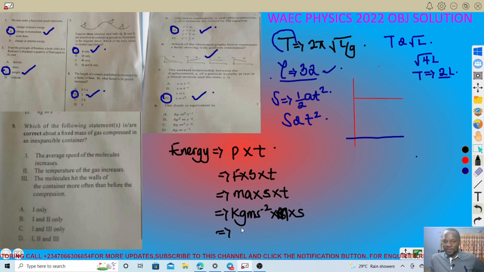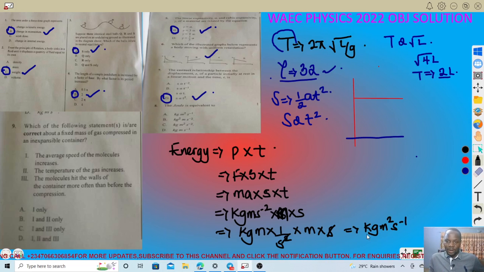This is what I'm saying for you to see. Kilogram, m times x, that's 1 over x squared times m times x. This gets cancelled out. We are left with kg. We have m times m, which is m squared, then s to the power negative 2. This is a direct formula you might have learned or seen in your textbook, which I don't think should be a problem for anybody doing this. I think choice A is correct. So please, that is that about that.